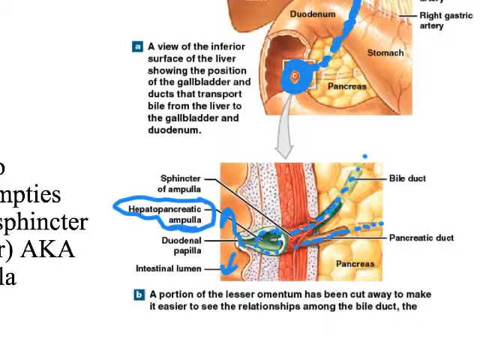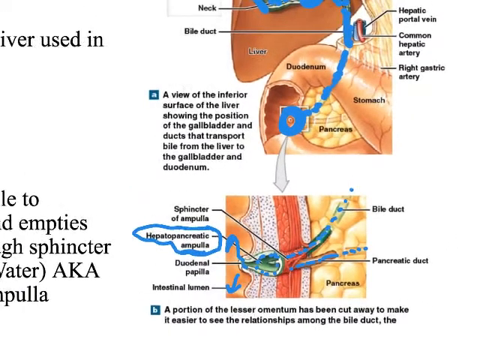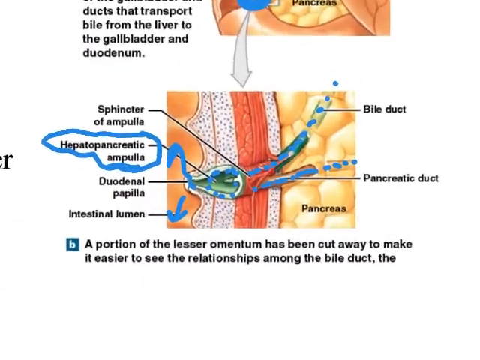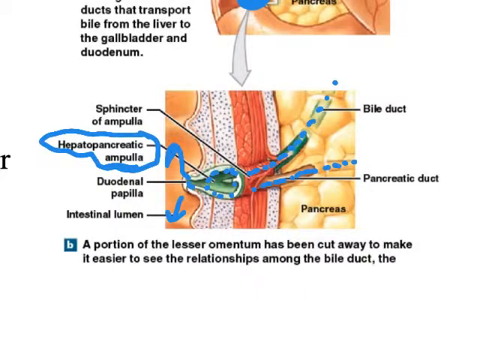Well, the problem is if you get a stone in the gallbladder, let's say you get a gallstone, and that stone makes its way through the neck and down the common bile duct and right there to the sphincter of Oddi at the hepatopancreatic ampulla. So let's say now you get a stone stuck here.